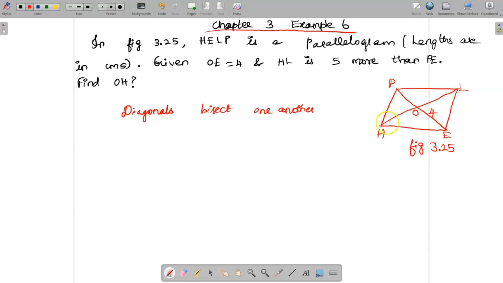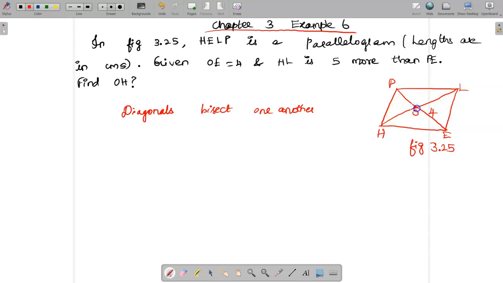So what do you mean by that? Here each diagonal will cut the other diagonal such that it forms equal parts. Whenever we take PE, which is the diagonal, this diagonal will cut the other diagonal, HL, such that it forms two equal parts.